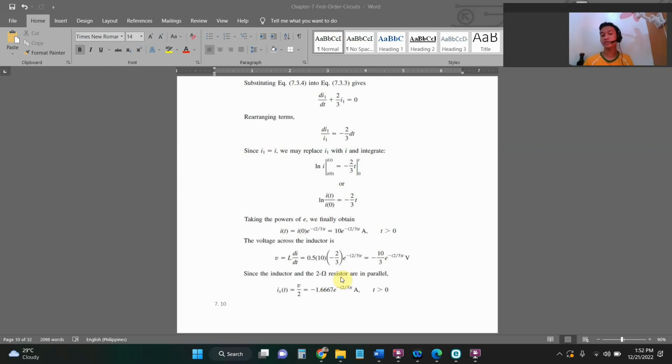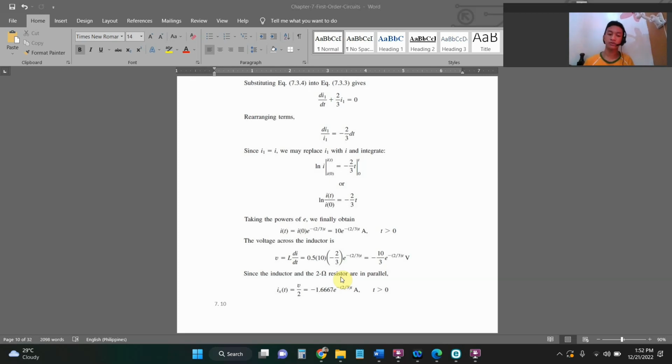So the voltage across the inductor is measured by using this formula. V is equal to L di/dt. We have 0.5, we have the L of 10, multiplied by negative 2/3 e raised to negative 2/3 t. So you can get negative 10/3 e raised to negative 2/3 t.